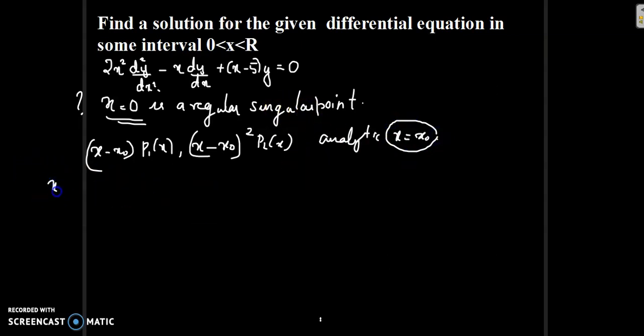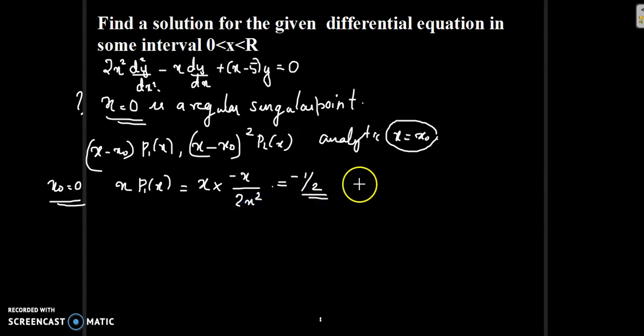Now we are concerned only with x equal to 0. Let's try x into p1 of x. P1 of x would be minus x by 2x square. This is going to give you minus 1 by 2, which is constant and is analytic everywhere.